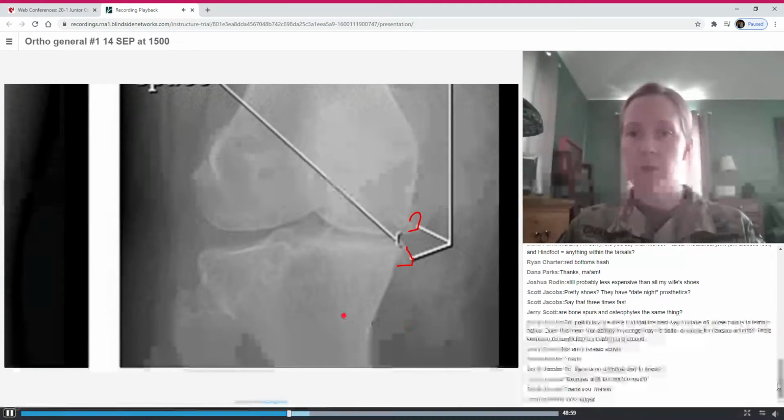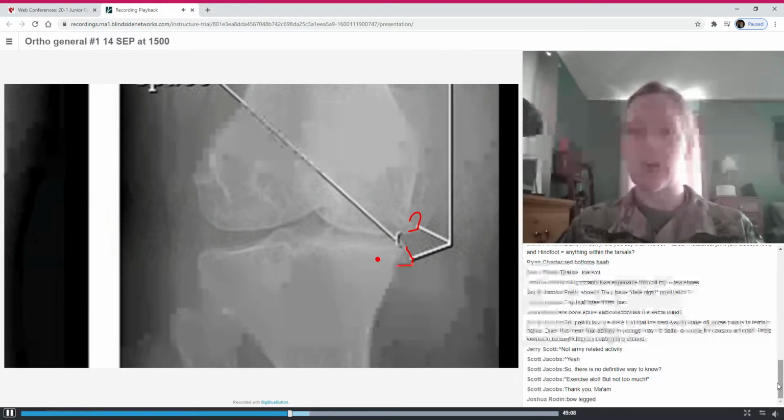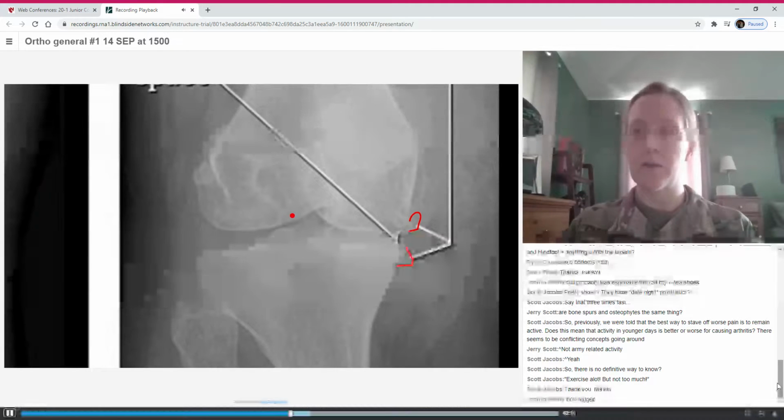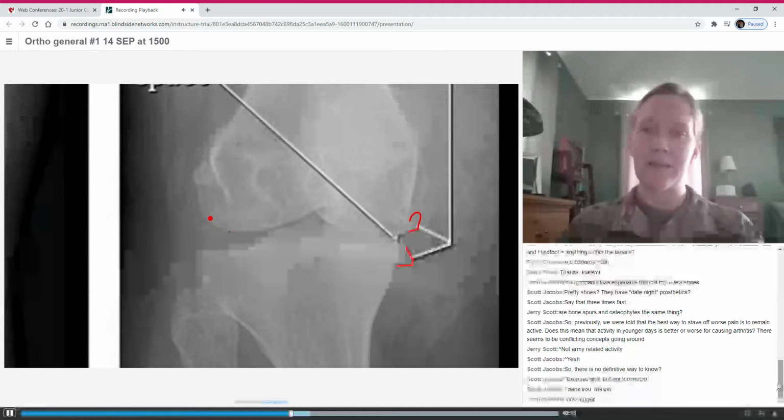So bone spur formation. Sclerosis, when that comes up, is going to be an extra whitening of the bone just deep to that cartilage. So you may be able to see a little bit. This is a bad tibial projection, but maybe appreciate how this arc of the femur is more white than this arc of the femur, that is the sclerosis.